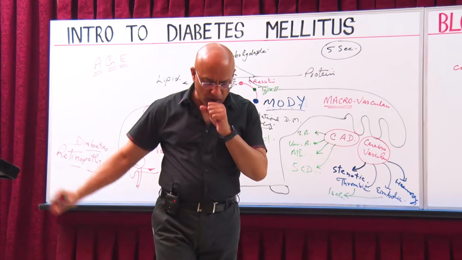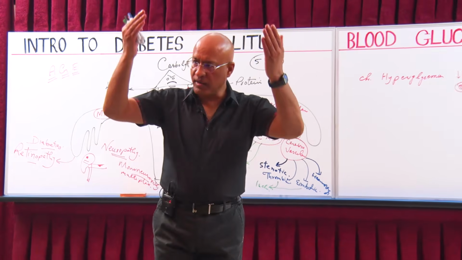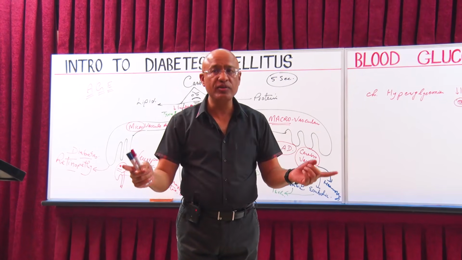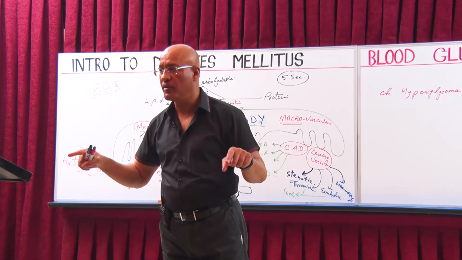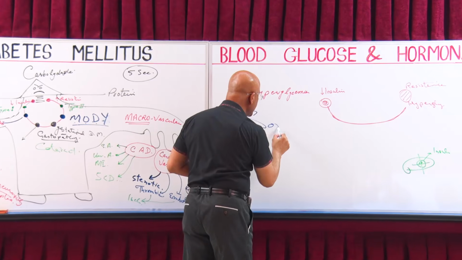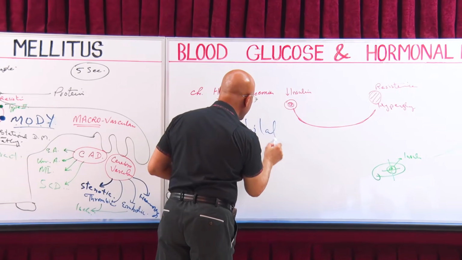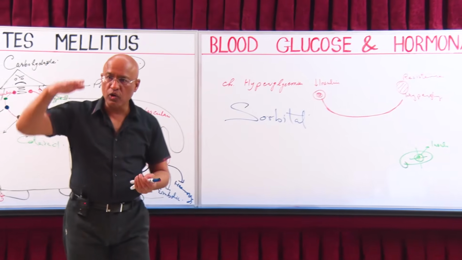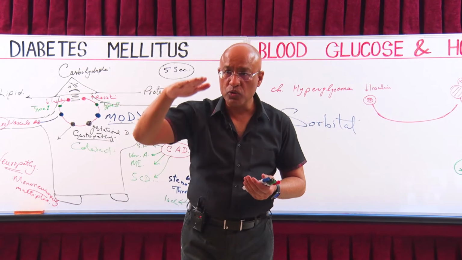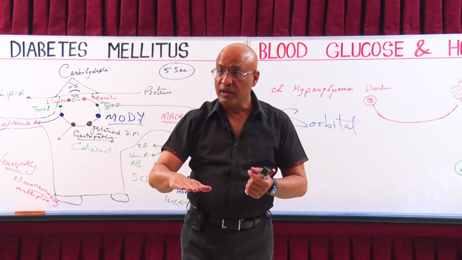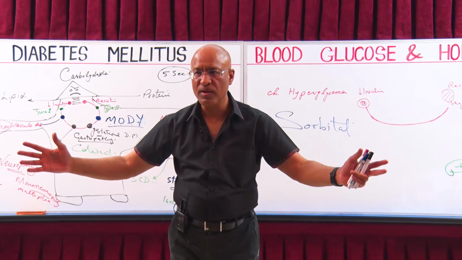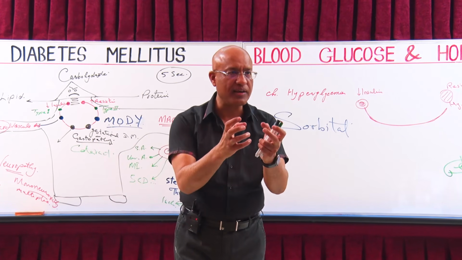One reason is that when hyperglycemia occurs, a lot of glucose enters the lens, and there this glucose is converted into sorbitol. Listen now carefully: later on, when hyperglycemia goes to normoglycemia, sorbitol is trapped in the lens and cannot come out, and it produces an osmotic effect.